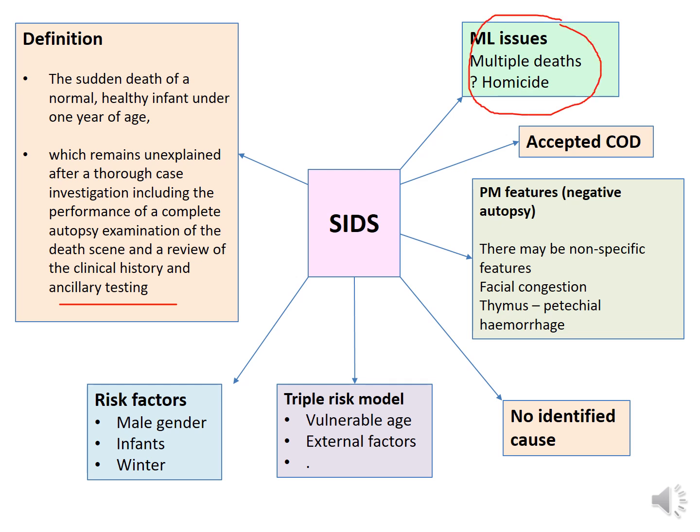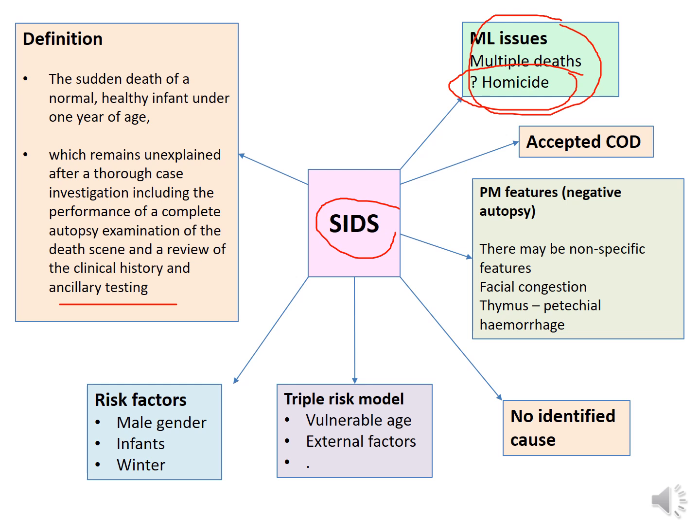If you get multiple unexplained deaths in a family, you have to think about hidden cases of homicide as well, but it is not always so. There are cases with multiple deaths in a single family, but purely due to metabolic diseases. And also the term SIDS is an accepted cause of death.